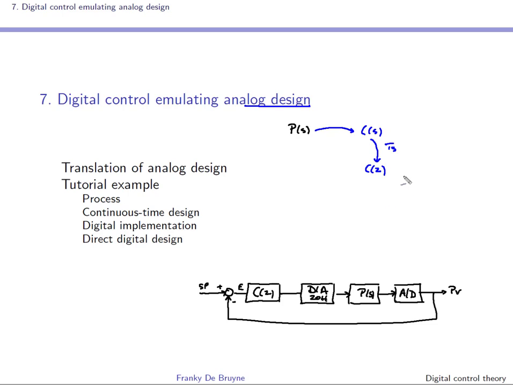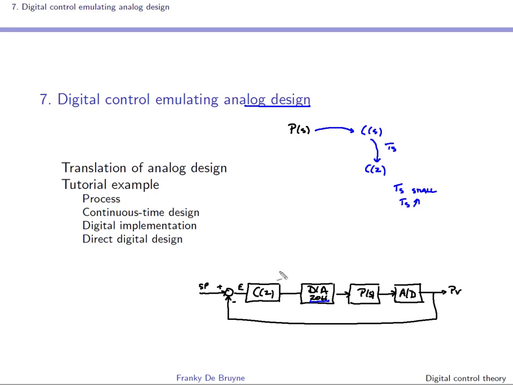And we will see that if TS is small enough, and we have to say small with respect of course to the main time constant, well, this will work rather well. But if TS is starting to grow, right, then we can expect problems, and this is because we are not taking into account the zero order hold mechanism.